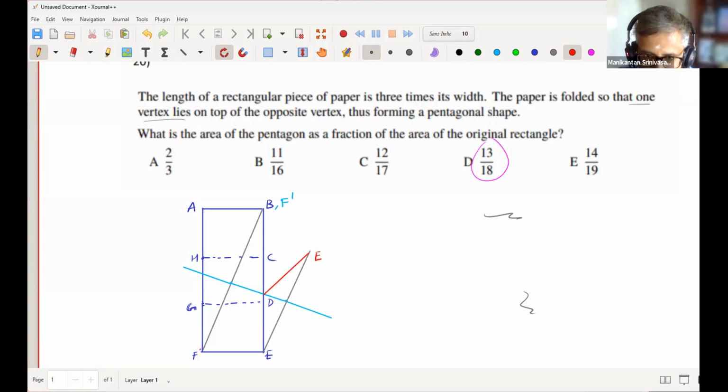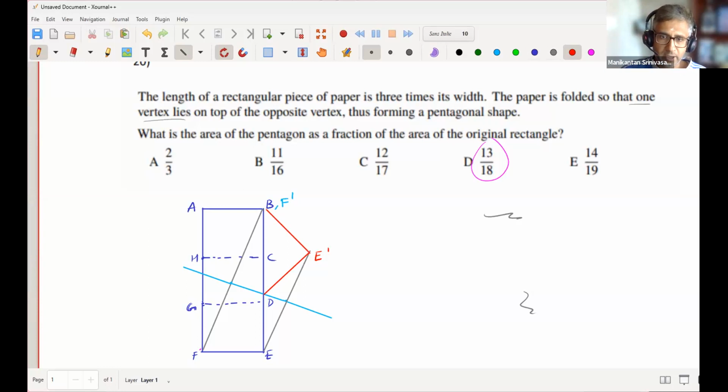This is E dash. D is getting reflected there. F is getting reflected there. And the line EF, essentially the new EF, is E dash F dash. So the bottom line EF has just become E dash F dash.